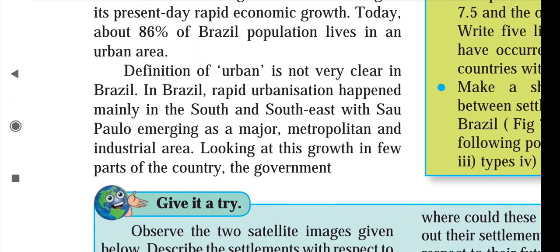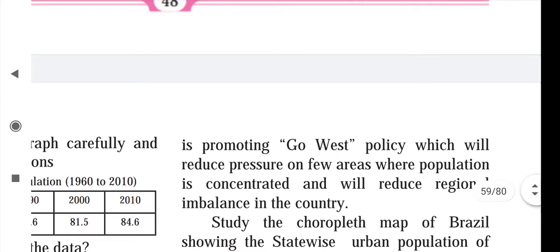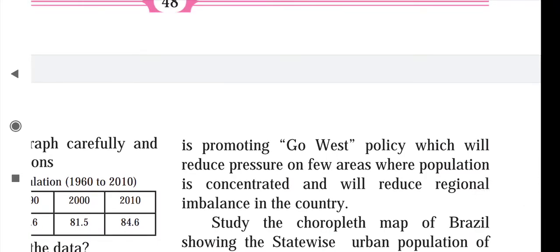The definition of urban is not very clear in Brazil. In Brazil, rapid urbanization happened mainly in the south and southeast, with Sao Paulo emerging as a major metropolitan and industrial area. Looking at this growth in a few parts of the country, the government is promoting the Go West policy, which will reduce pressure on the few areas where population is concentrated and will reduce regional imbalance in the country.